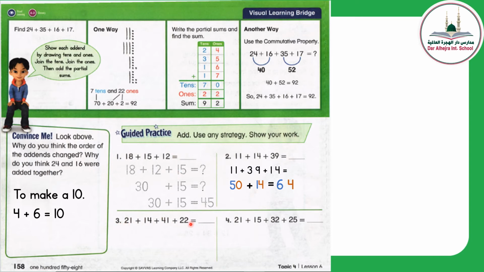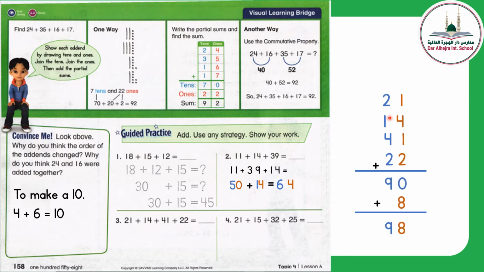There's another way to add the two-digit numbers together, and this is like partial sums, but this time we won't be adding just two-digit numbers. We can add all 3, 4, or as many as we want to in the same way we did here. So I can copy this equation: 21 plus 14 plus 41 plus 22 like this.